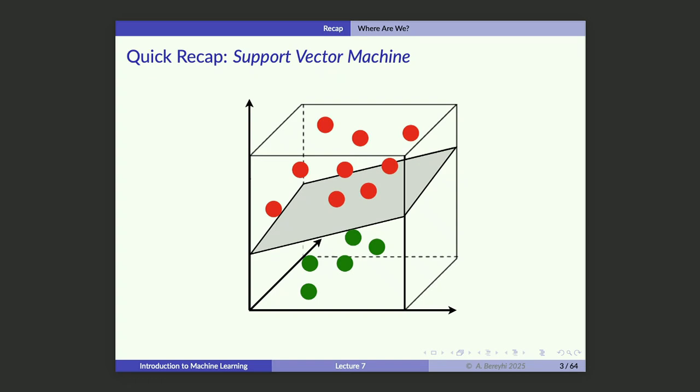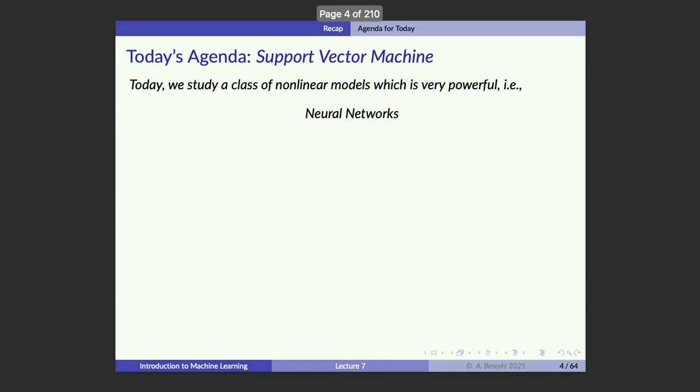The red ones go higher in altitude, the green ones are kept lower, and then we can find a plane which classifies everything linearly. That was the idea of SVM, but SVM does not specify your kernel. It says just choose a kernel. It's your choice. You can either learn it, or maybe you know it by heart, so you put it in, and then you do the linear classification on top of that.